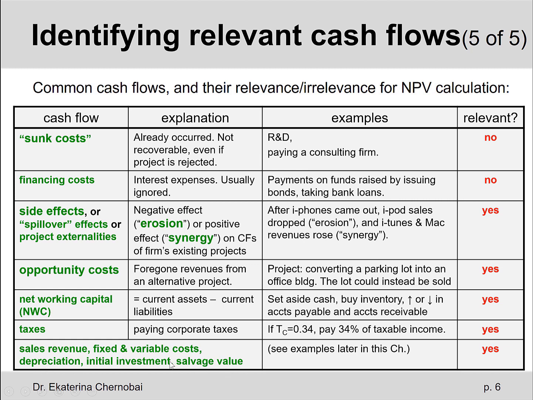Then we have this term salvage value, which will come up in maybe 10-15 slides. Salvage value is essentially when the project ends, how much money do we get when we sell all our assets, like the building, equipment, etc. And all those are also relevant.